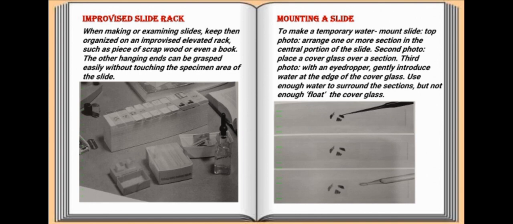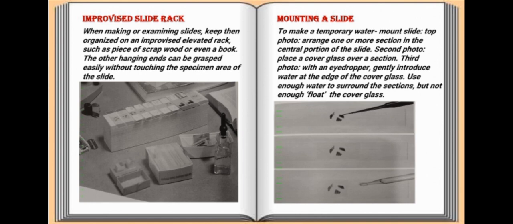The next is mounting a slide. To make a temporary water mount slide, top photo, arrange one or more sections. Just like in this picture, there are three steps. In the top photo, arrange one or more sections in the central portion of the slide.